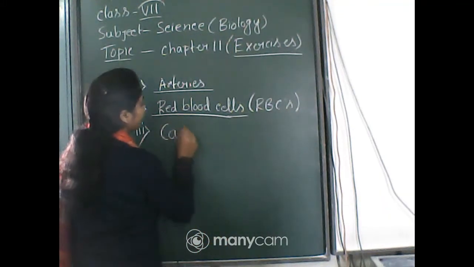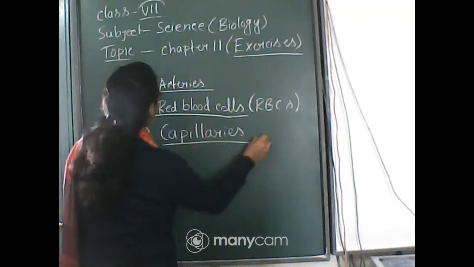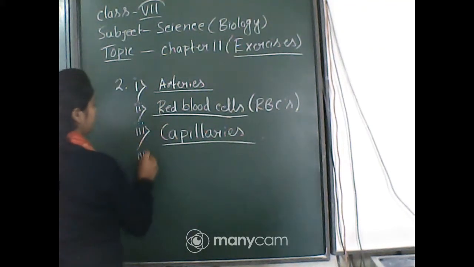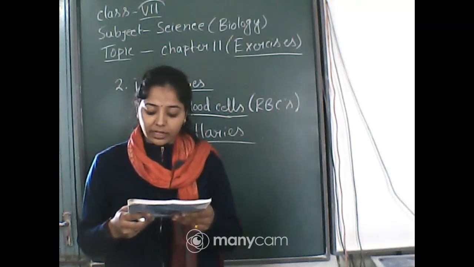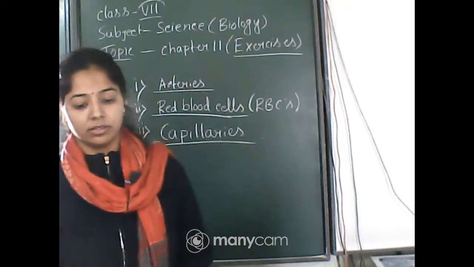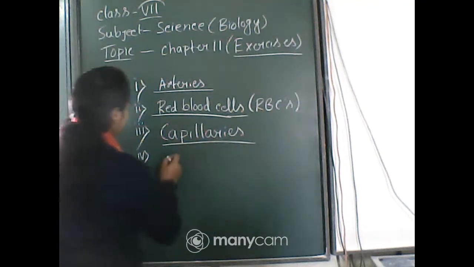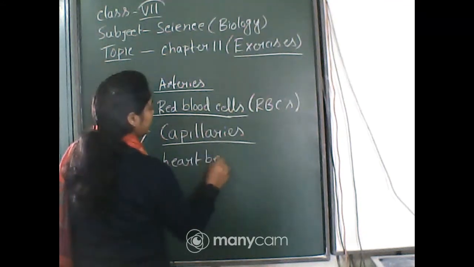So here the answer will be capillaries. Understood? Now the fourth question: the rhythmic expansion and contraction of the heart is called, all of you know this, very easy answer. This is known as heartbeat.